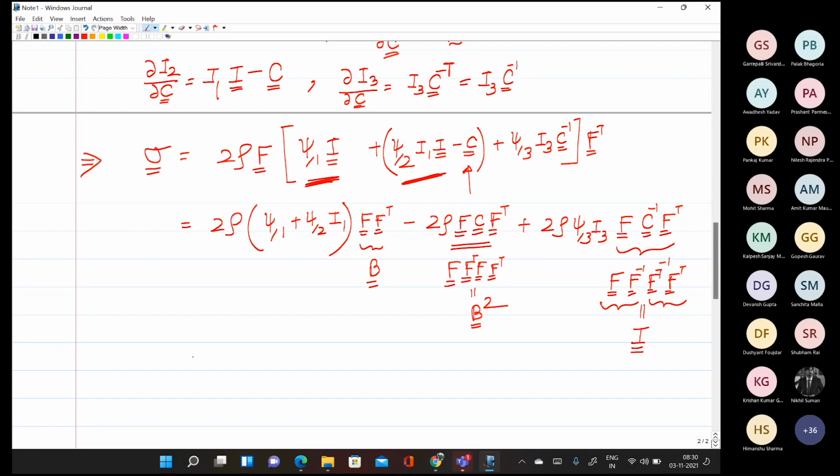Okay, so what you have is then sigma as 2 rho psi comma 3 times I3 into identity, plus 2 rho psi comma 1 plus psi comma 2 into I1 into B, and then the last one minus 2 rho B square.